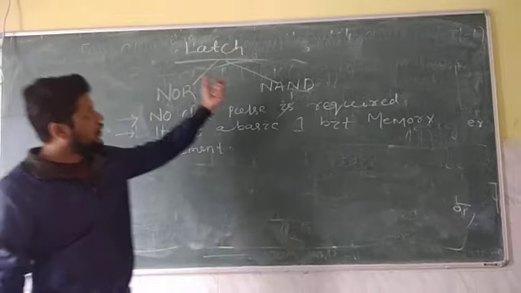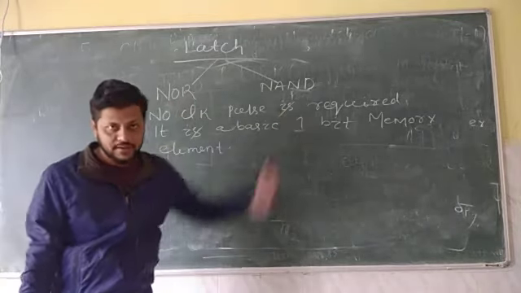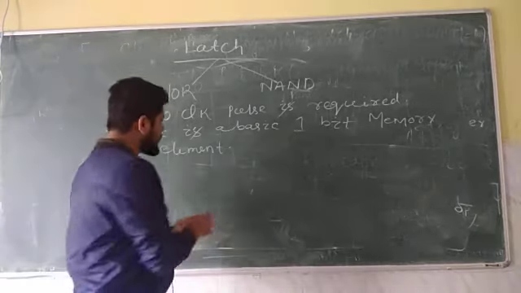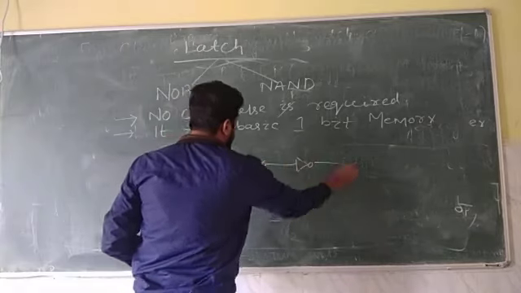We can construct this latch circuit by using NOR gate or by using NAND gate. So how to construct this? In the last class we studied the two NOT gates.